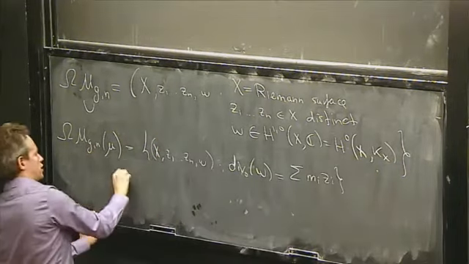Okay? So this is the locus of smooth curves with n distinct points with a holomorphic differential such that its zeros are precisely at these points and have the multiplicities m_i.